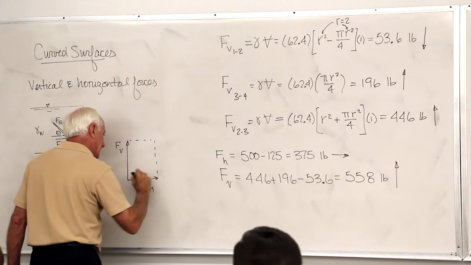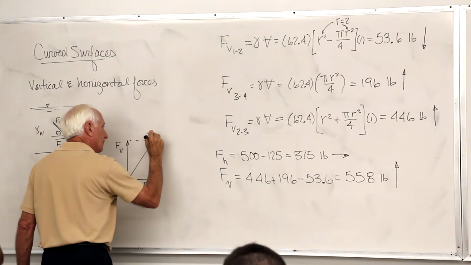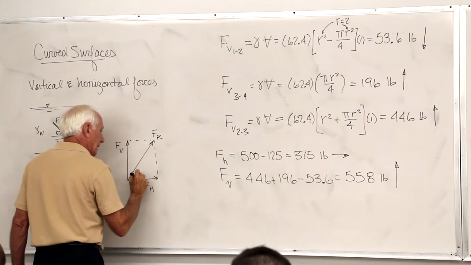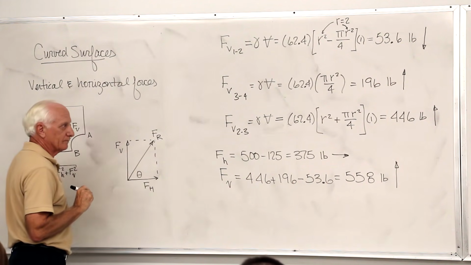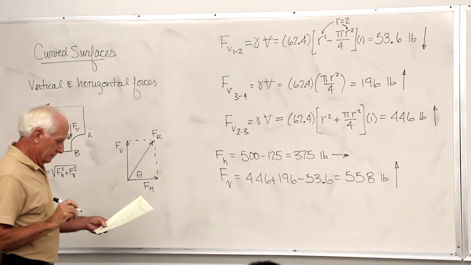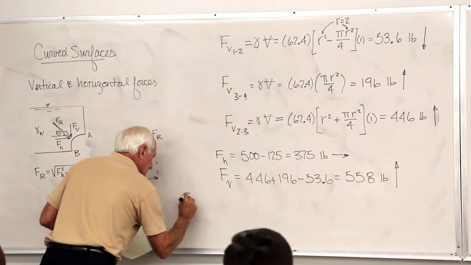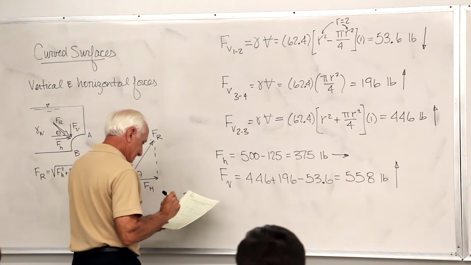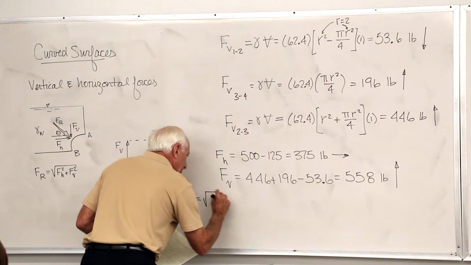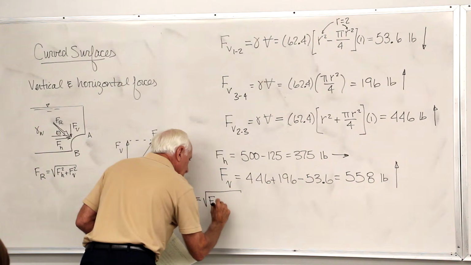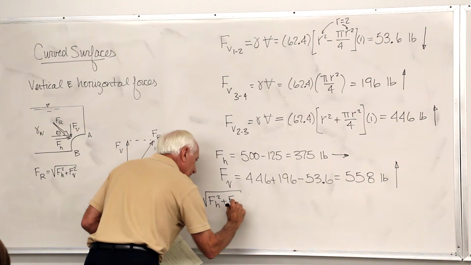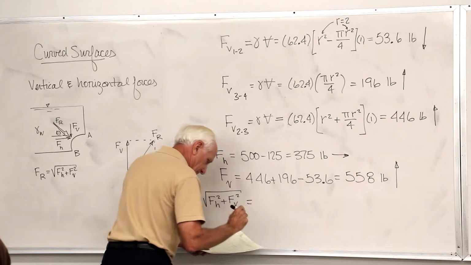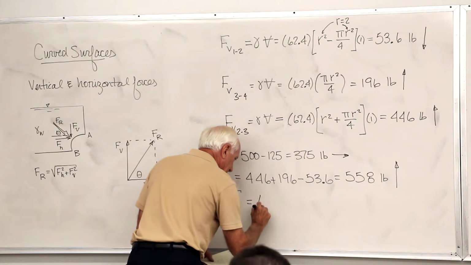And I combine these to get the resultant force, F sub r, at angle theta. So the resultant force on the whole cylinder is the square root of FH squared plus FV squared. Do the math and you get 697 pounds.